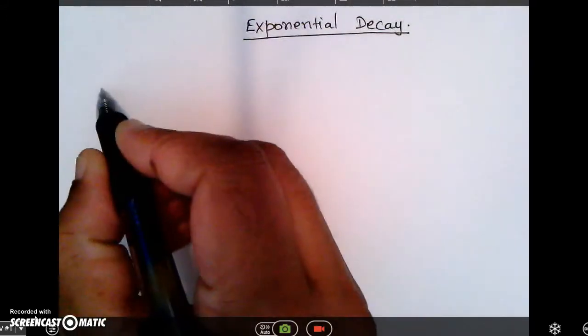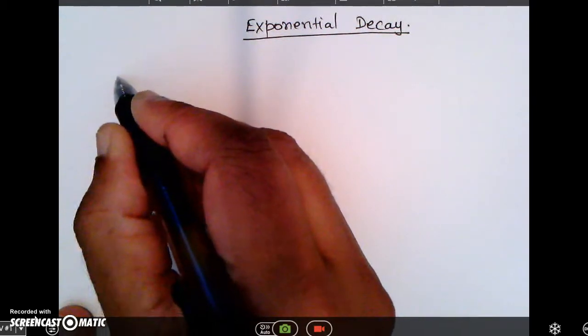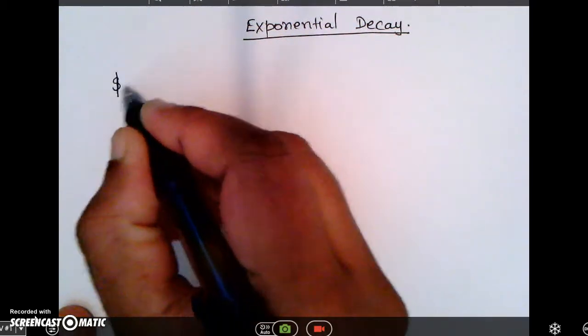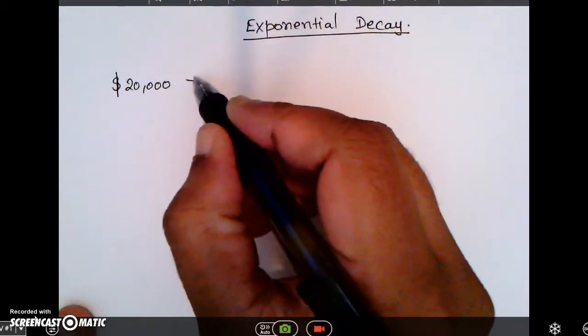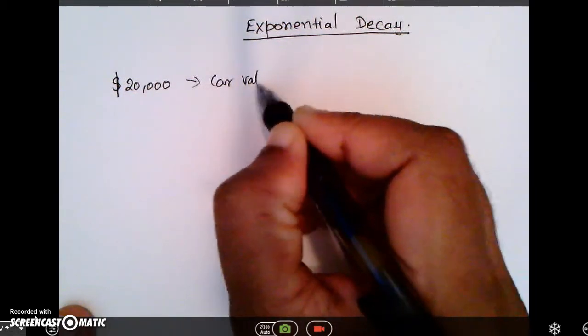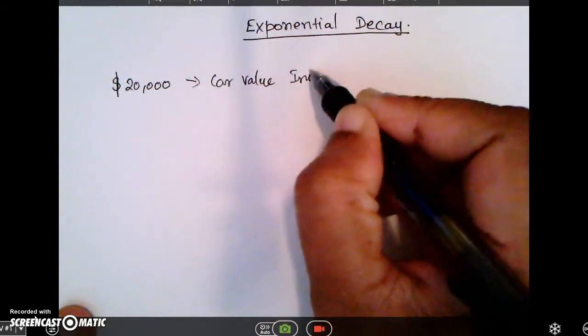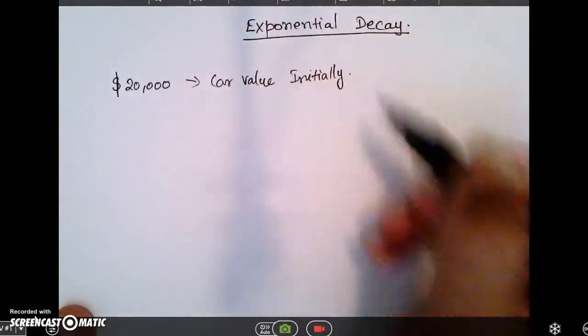All right, so say you're purchasing a car for $20,000. That's the car value initially, right? Initially.